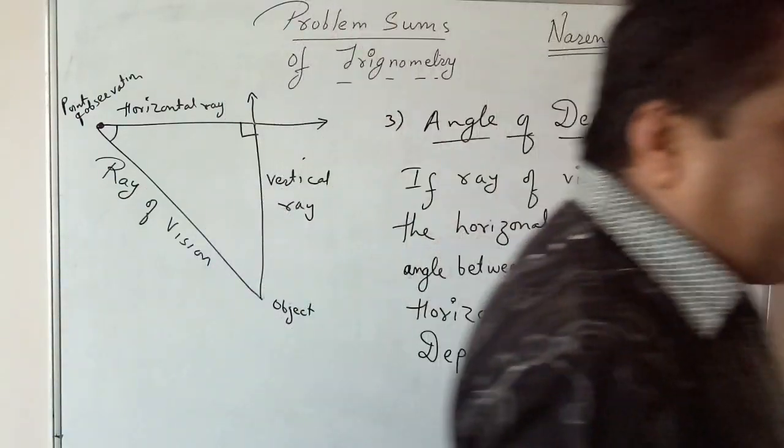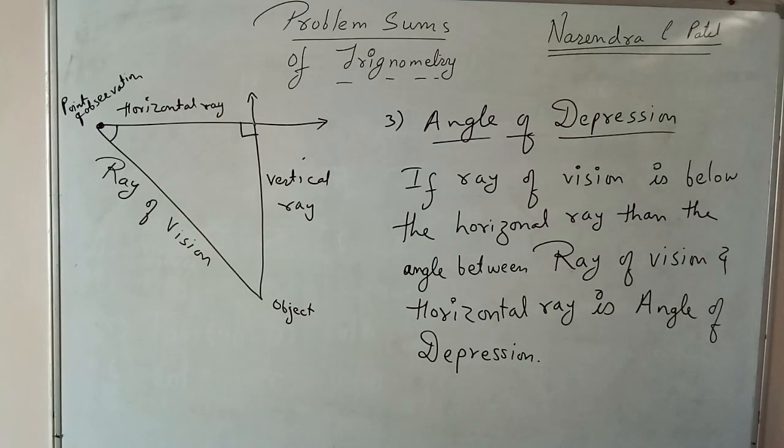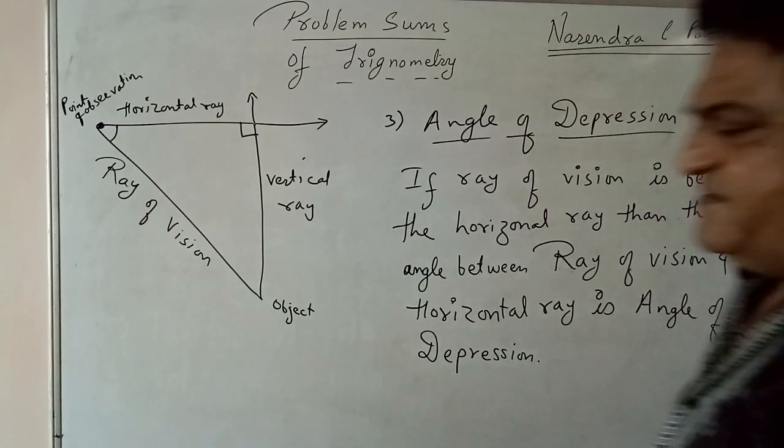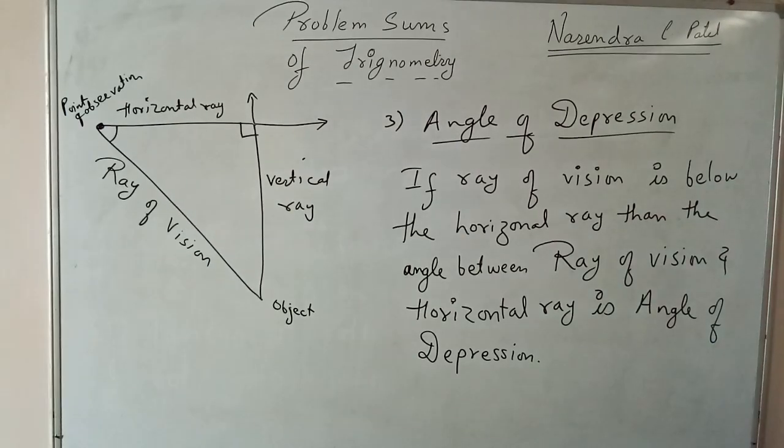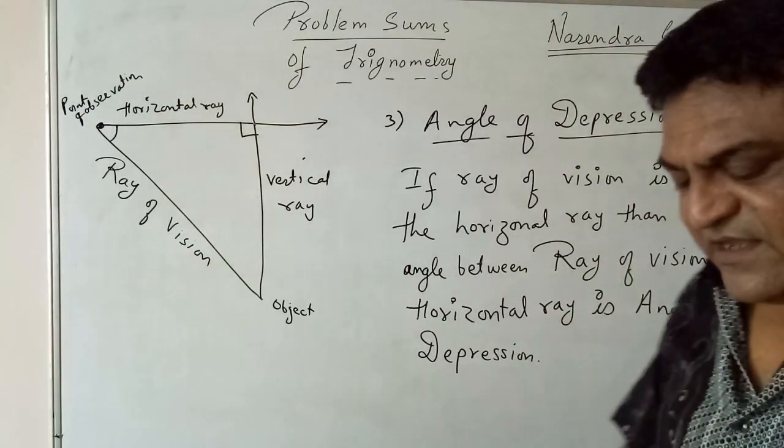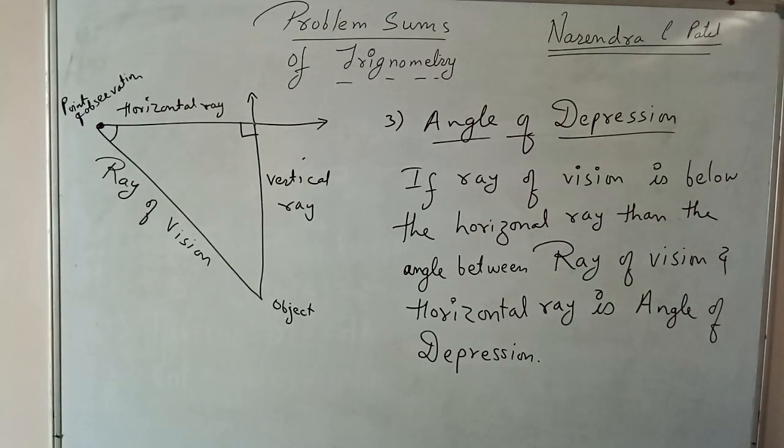In simple words, if you are looking upward, that is the angle of elevation. If you are looking downward, that is the angle of depression. That simple thing you should know. If a depression is given in the question, then they are telling you that you are looking downward. And if the angle of elevation is given in the question, then you will understand that a person is looking upward.